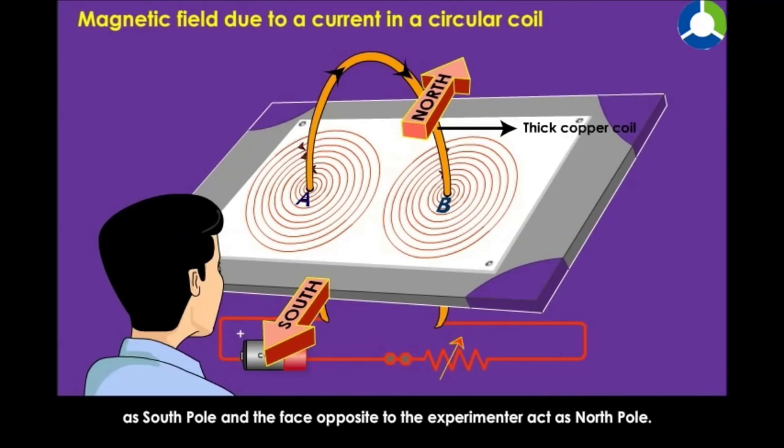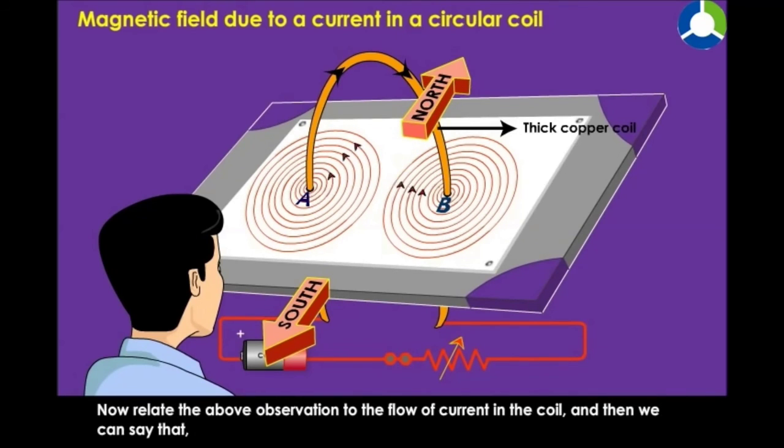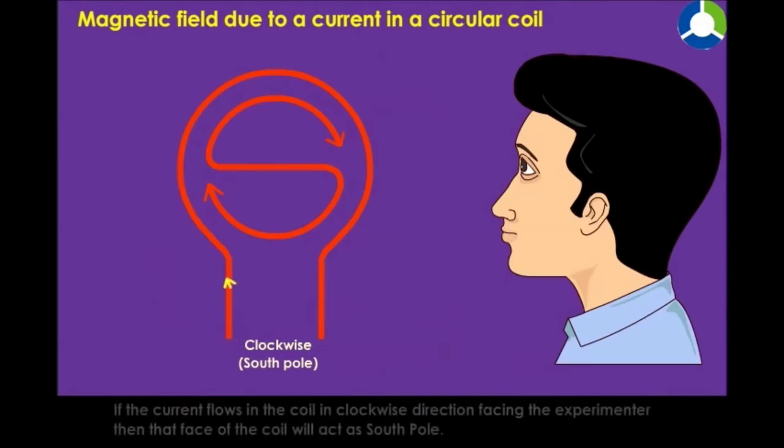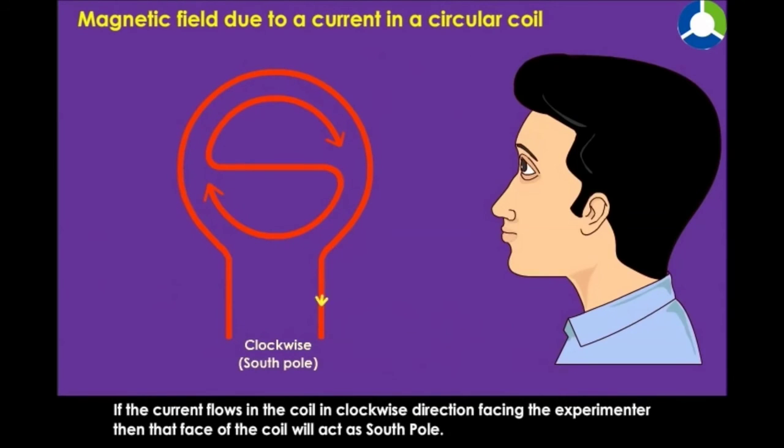So you can see here the north face and south face of the coil are mentioned clearly, because you know the magnetic lines of force will come out of the north pole and enter into the south pole.